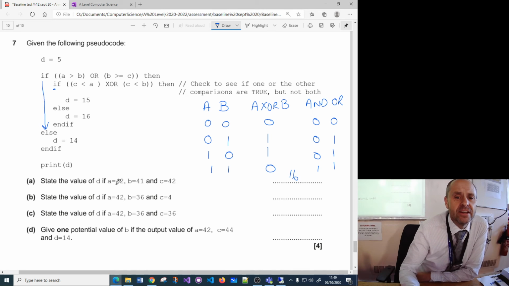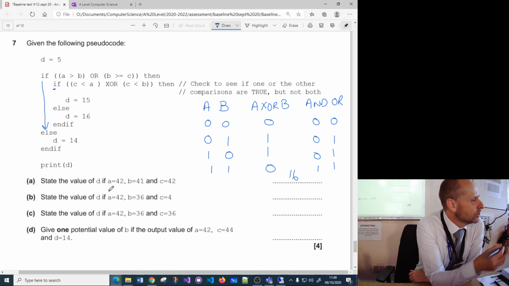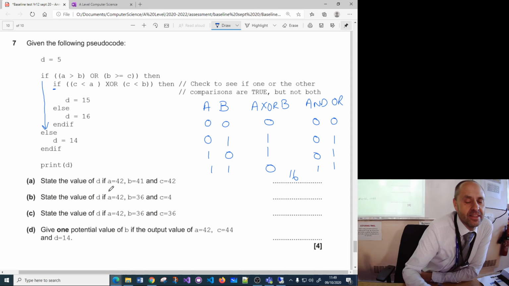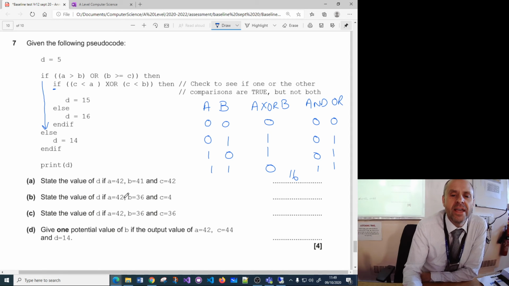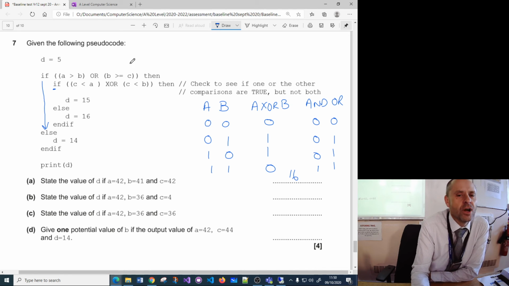Right, run it again, but can you see what looks like a deceptively simple question can actually really do your head in? Right, so the next one, we've got A is 42. So is A greater than B in this case? So we're back inside here. We don't need to look at the other one.